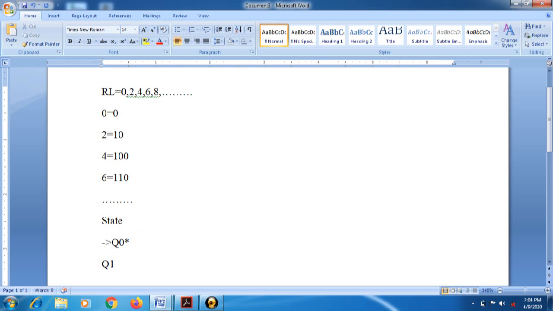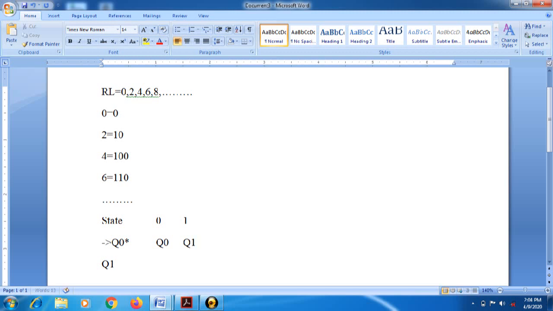Total two inputs are there because we are considering binary representation, that is 0 and 1. Whenever we consider Q0 with 0, it remains in the same state. And whenever we consider Q0 with 1, it moves to the next state because it is an odd number.